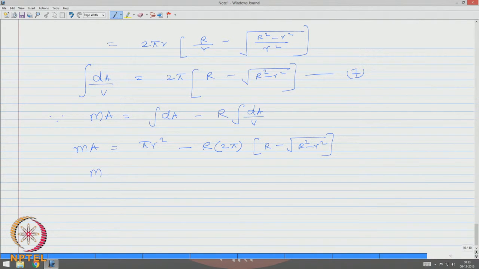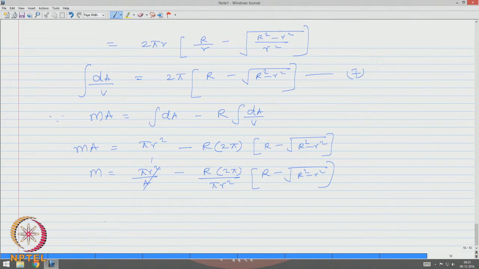Therefore, M is pi r square by A minus R into 2 pi by pi r square of R minus root of R square minus r square.